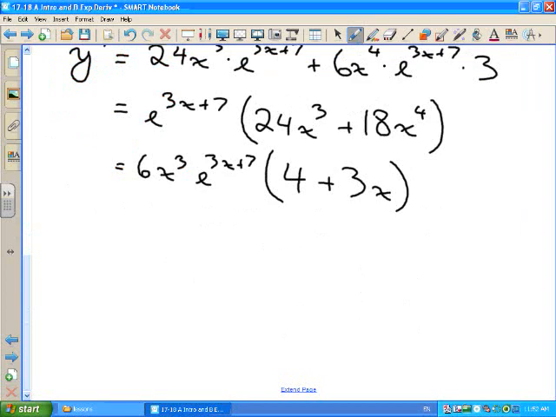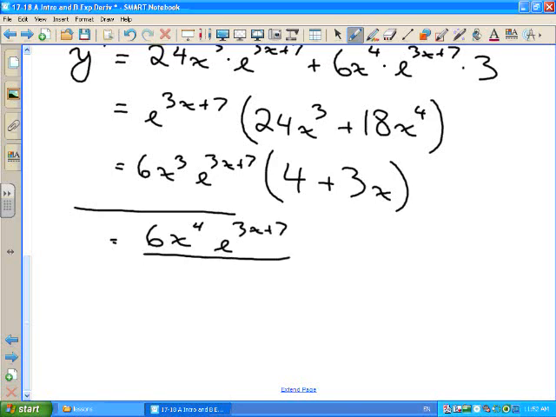Now, you would stop there unless it told you to write it in terms of y. If it did tell you to write it in terms of y, you need another x there. You need this to be 6x to the power of 4, e to the 3x plus 7. But if I've multiplied that by x, I also have to divide it by x.